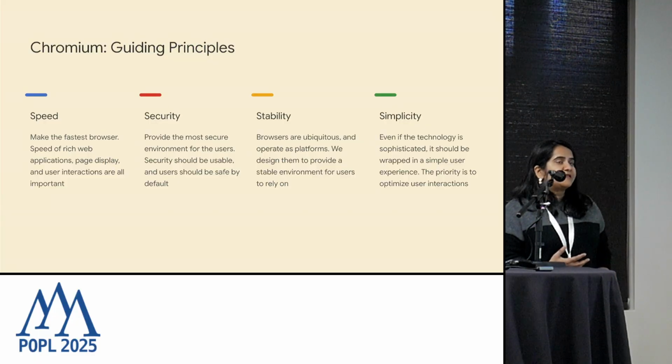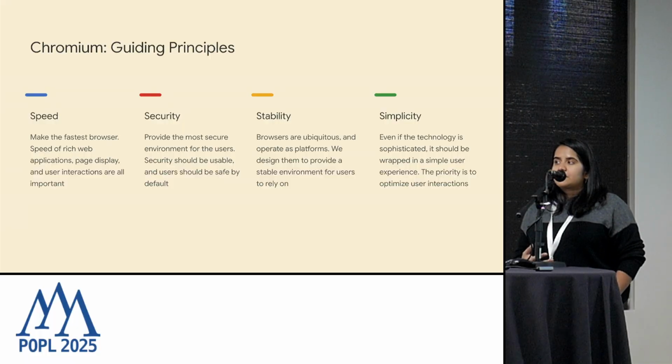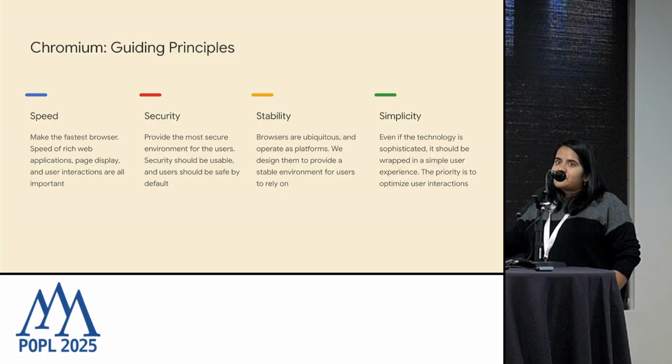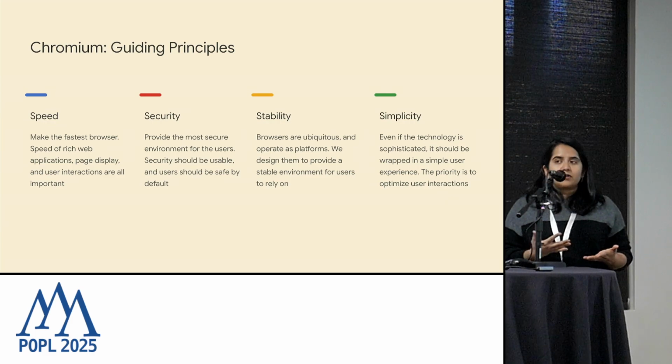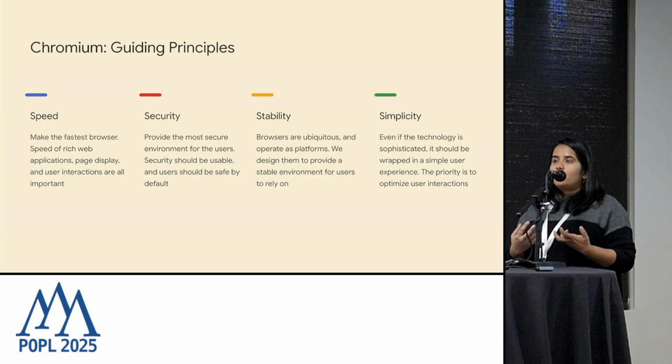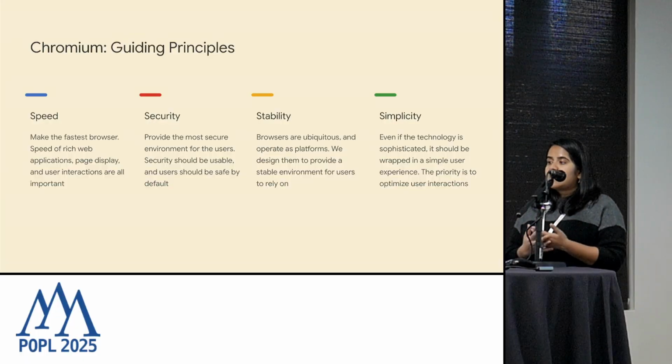So I am representing Chromium here. I want to talk about the guiding principles of Chromium, abstracting it a little bit away from the runtime itself. There are four guiding principles. Speed, because the speed of rich web applications is really important to us, and one way we service that is developing our own JavaScript engine called V8, which is what I work on.